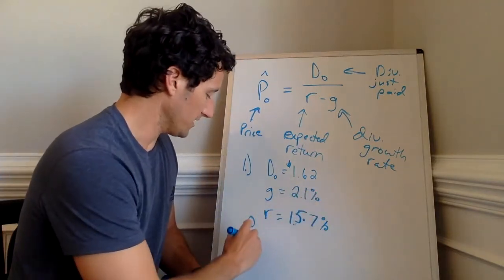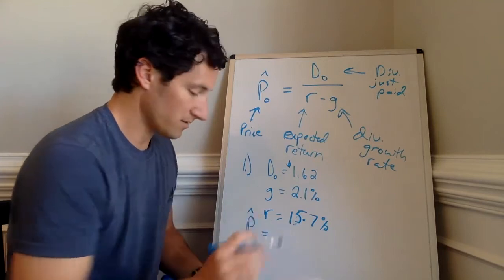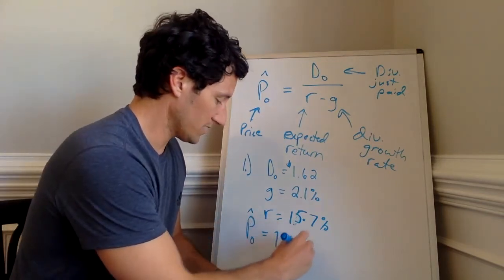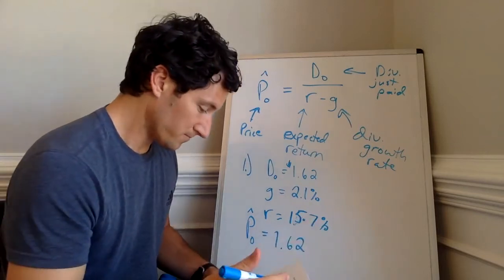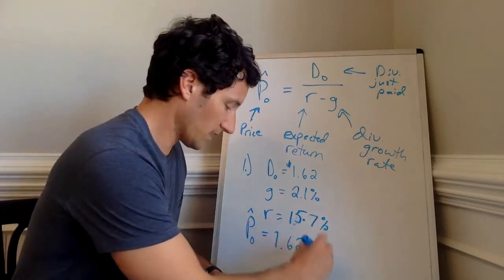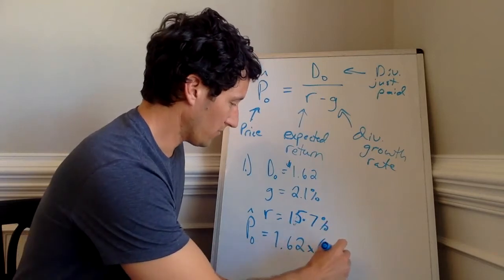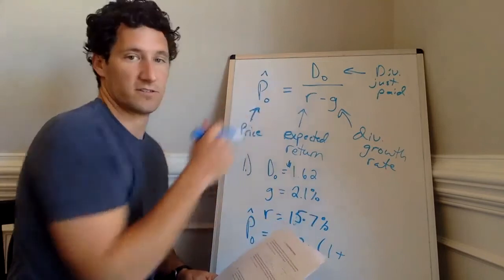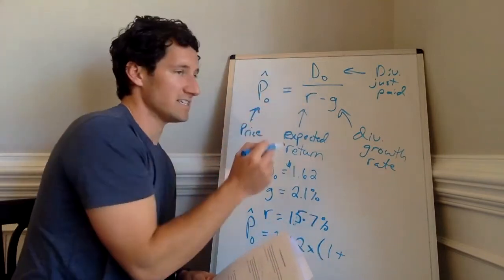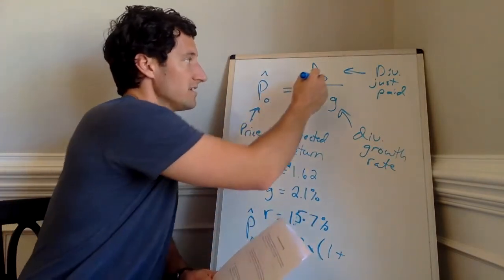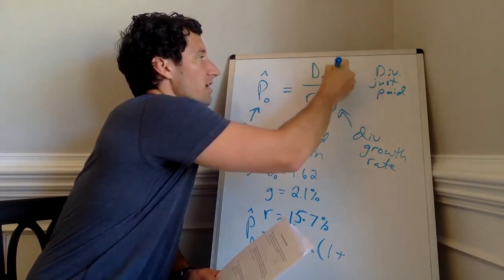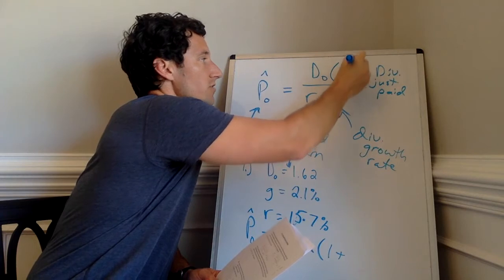So if you plug all this in, P0 is going to equal 1.62 times 1 plus, sorry, I misread this. If it is D0 at the top, my mistake. D0, you will multiply this by 1 plus your growth rate.